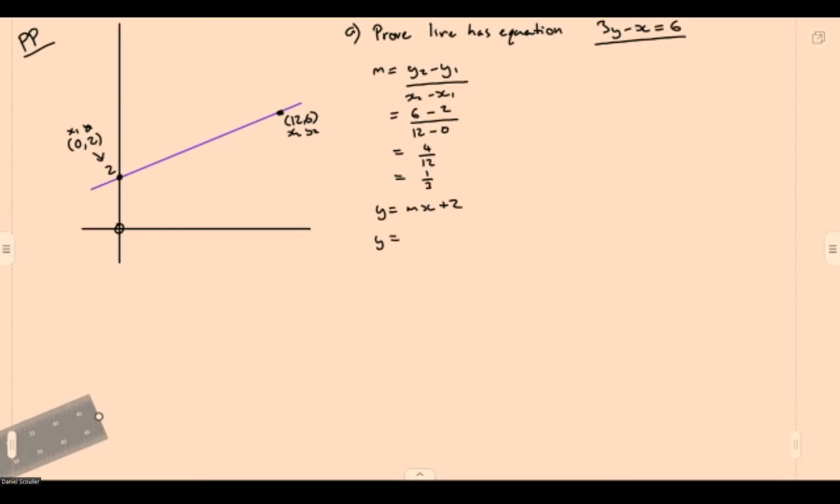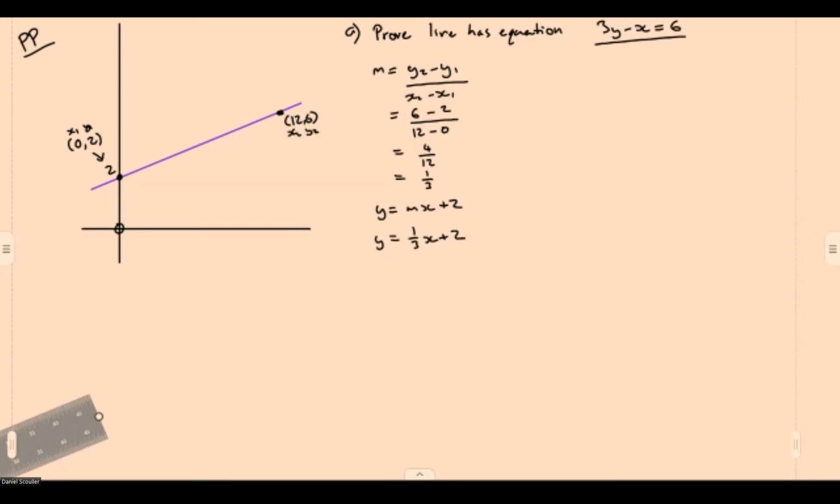So we can put that in. Now, remember when we did this previously, we want to eliminate that denominator.